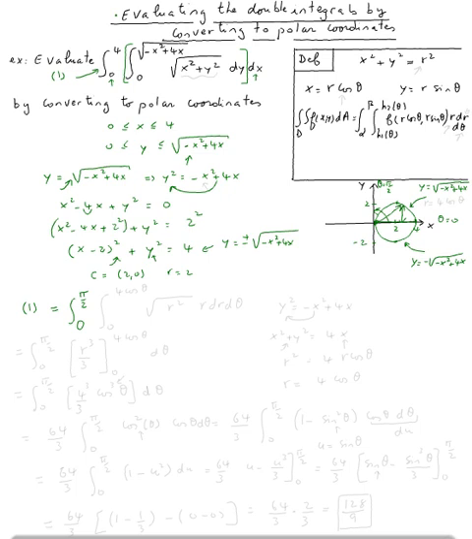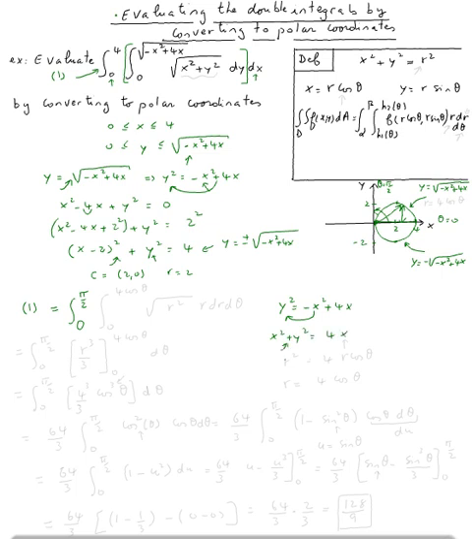So how do we know the radius? Let's go back here. y squared is equal to negative x squared plus 4x. Let's move this to the other side. x squared plus y squared will be equal to 4x.